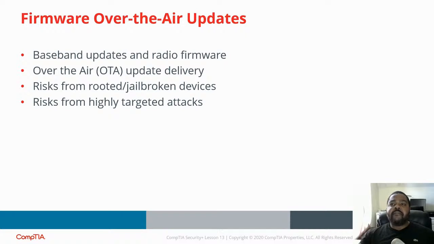So overall, we want to make sure that we have our mobile devices patched as much as possible, to ward off any vulnerabilities that may be on them. Just like how we take care of our PCs and our laptops and servers, we want to take that same approach when it comes to the firmware on our actual phones. When Android and Apple say, hey, we have updates ready, it's for security reasons, and for functionality as well.